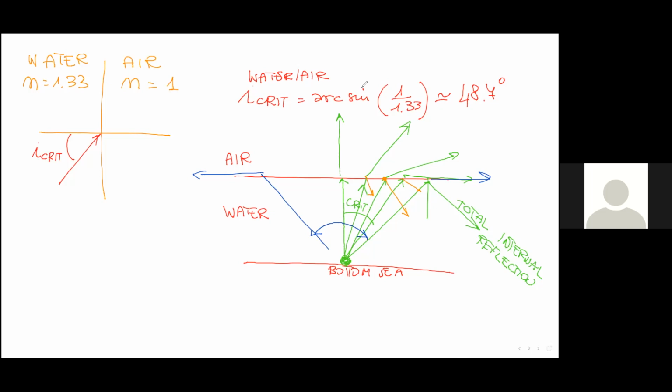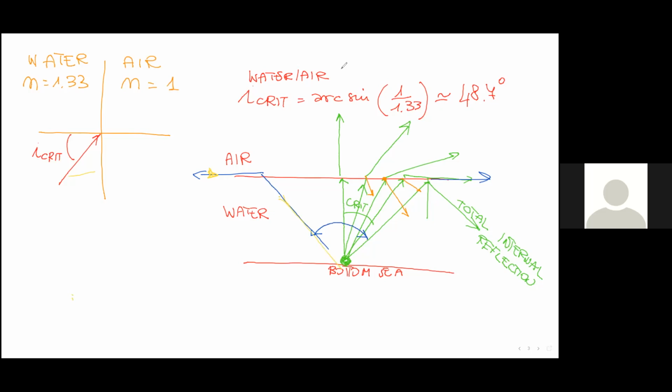Now, since optics is reversible, so you can invert the direction of the light rays, what does this mean? It means that if you have light coming at a grazing incidence here, like this, it will be refracted here.